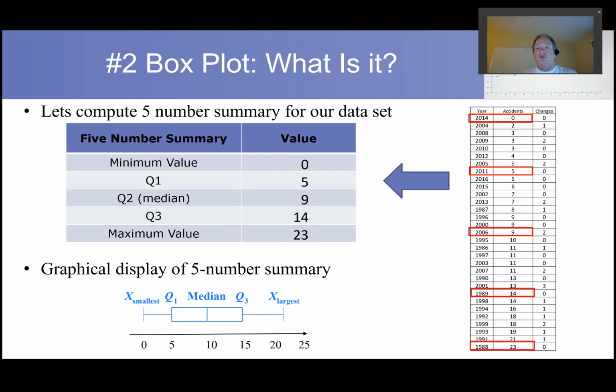This picture, however, is not complete because it leaves out one detail, albeit an important one, which is outliers. So let me show you how outliers are computed for a box plot and how they're displayed graphically.